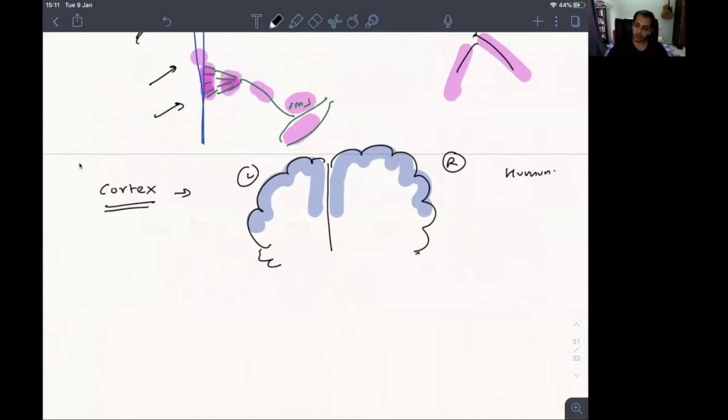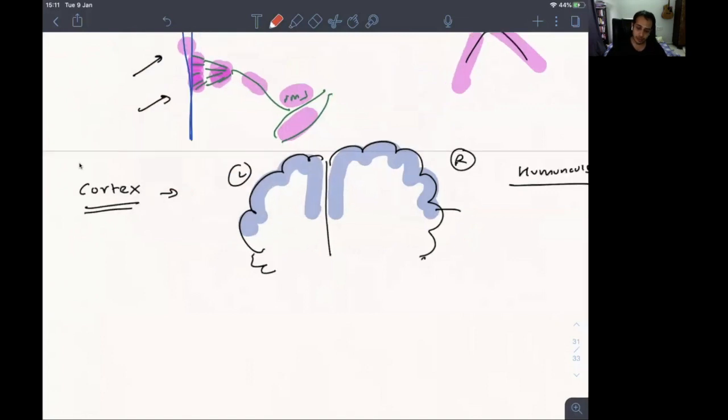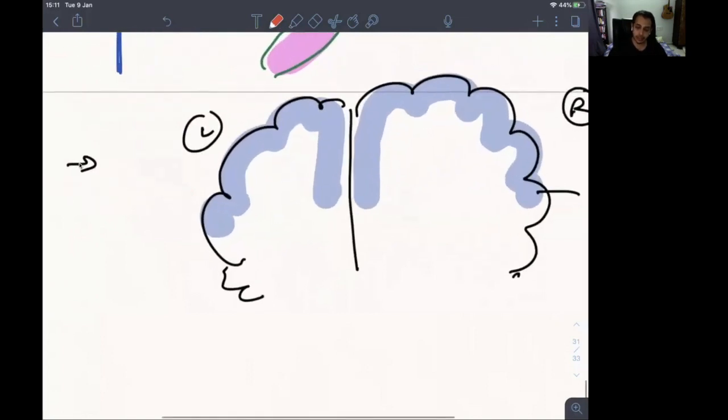What we mean by the homunculus is the distribution of the body in the motor cortex. Both the motor and the sensory cortex have a distribution of the body. So what does this mean? If this is the motor cortex, different areas of the motor cortex supply different parts of the body.